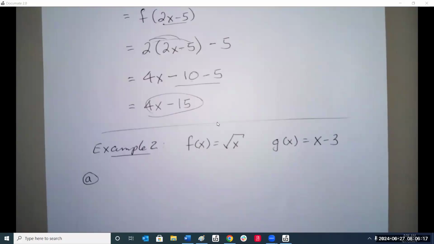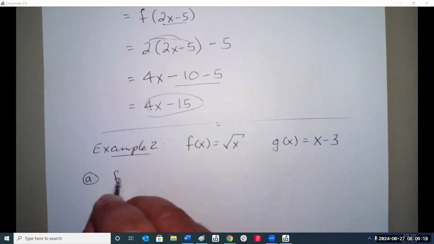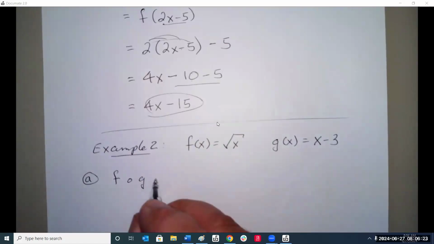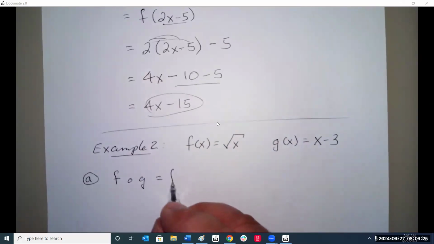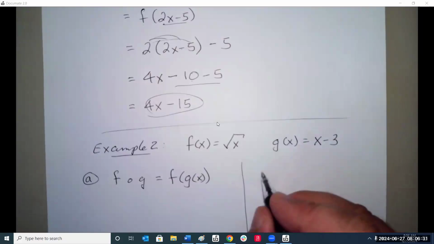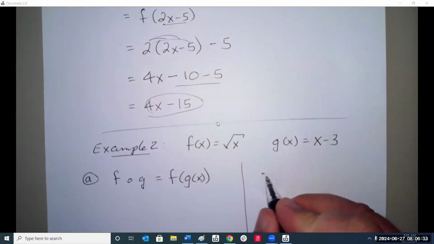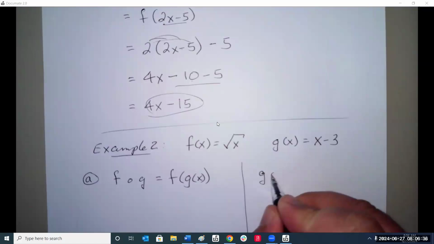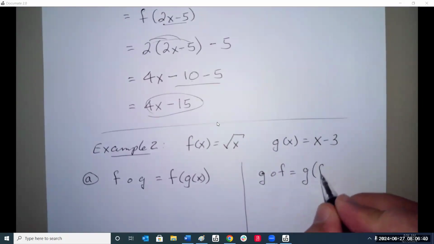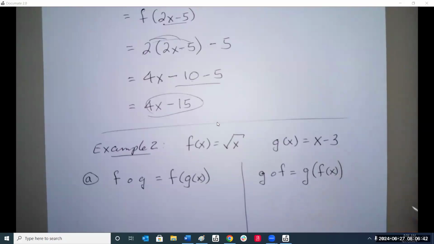So A is asking find f of g, which means f of g of x. Then it's also asking find g of f, which is g of f of x.